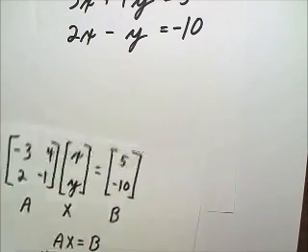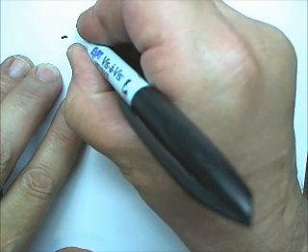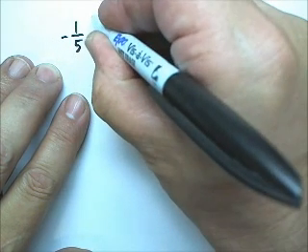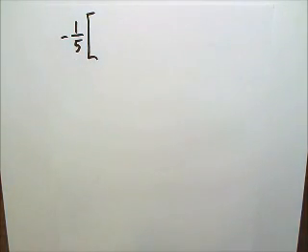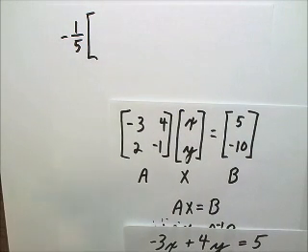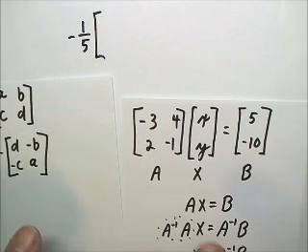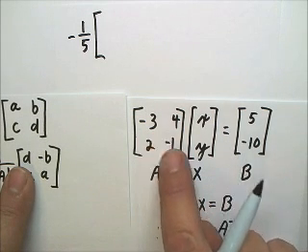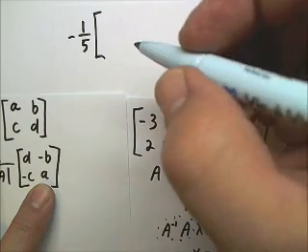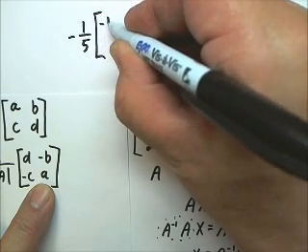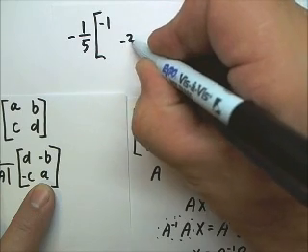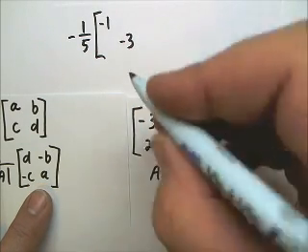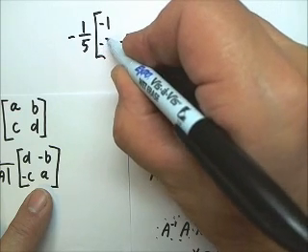Okay, so the inverse is going to be -1/5 times, now this is our original matrix, and we need -3 and -1 to change their places. So the -1 goes up here and the -3 down here. The 2 and the 4 keep their positions, but their signs change.